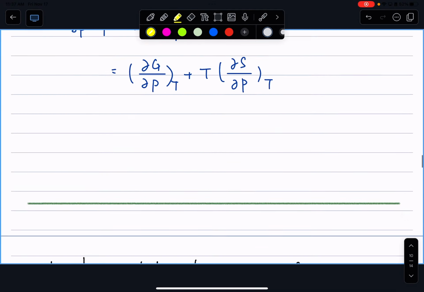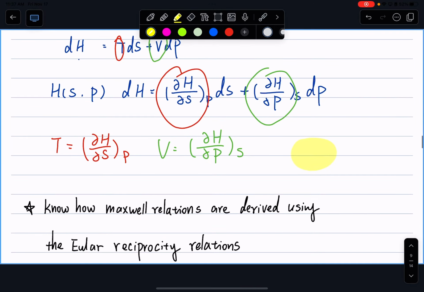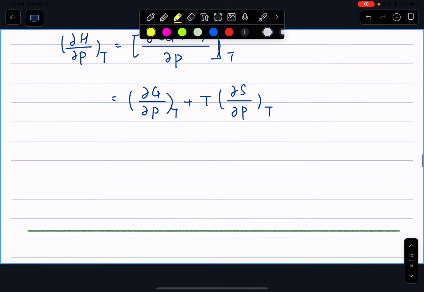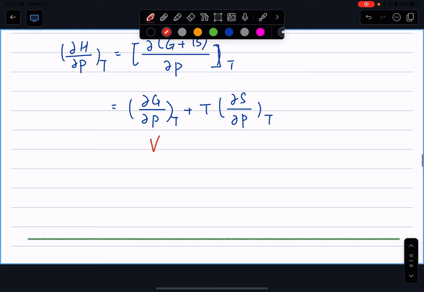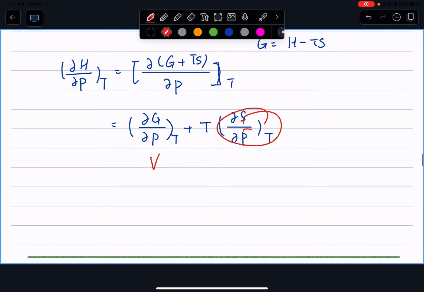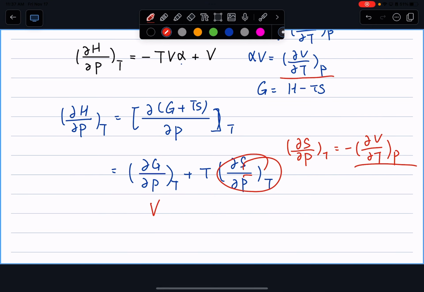I don't have it here, but it's one of these relationships that if you do the derivation, you can find this just equals V. And on here, for the dS term, using the Maxwell relationships, we know that dS over dP at constant T equals negative dV over dT at constant P. And now your dV over dT, that's just your alpha V. So that's minus T V alpha. That's how you get it.